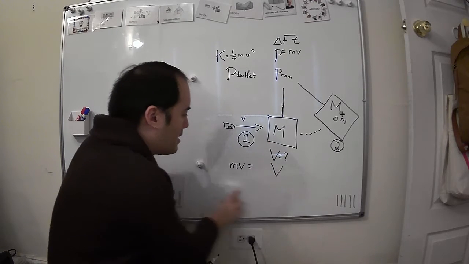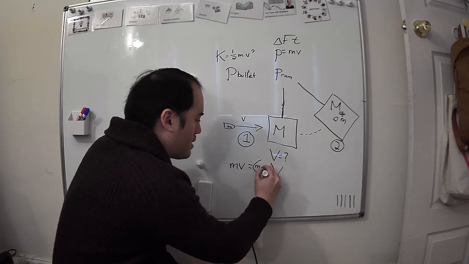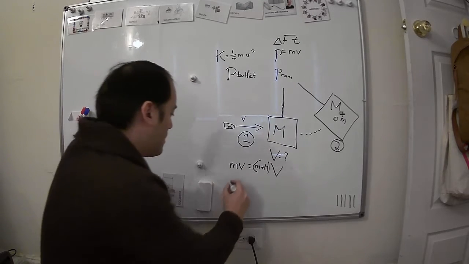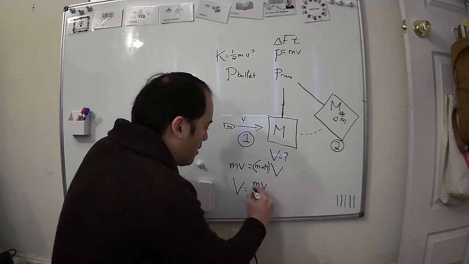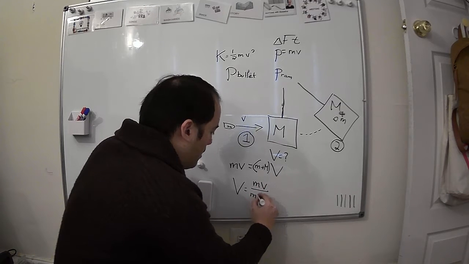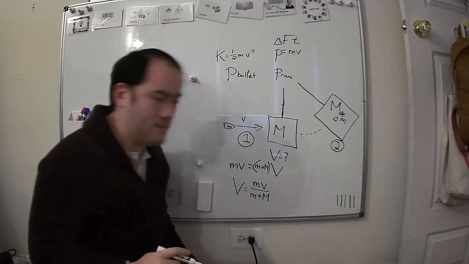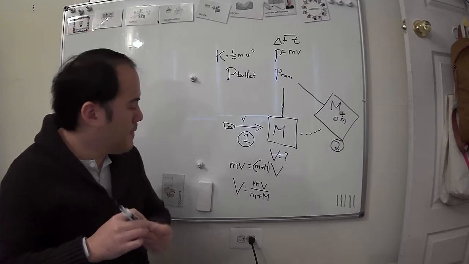So the mass after the collision is not big M. It's little m plus big M. So pretty straightforward algebra. V equals little m, little v over little m plus big M. Good job, Pete. Thanks.